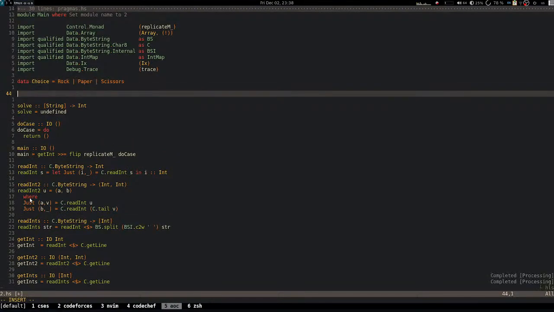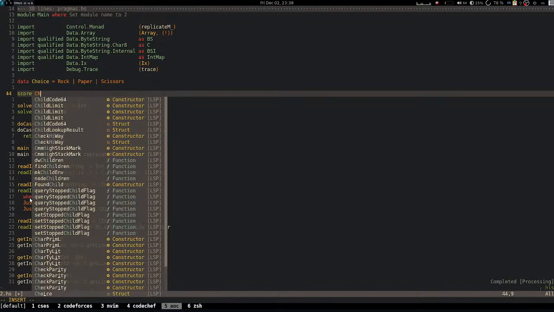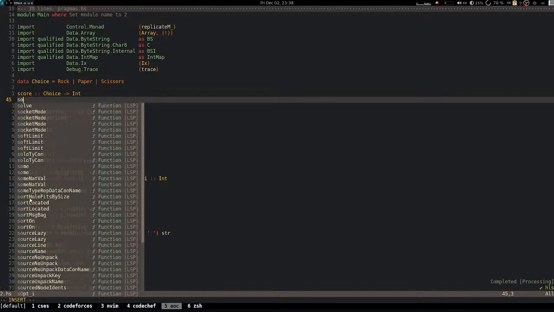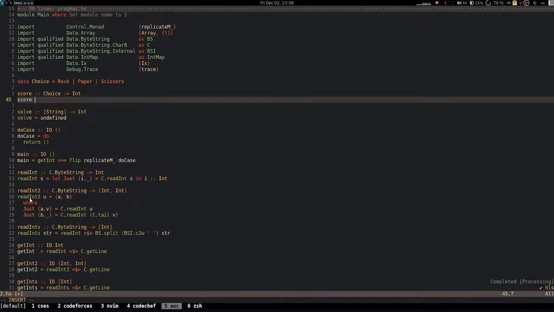Let's have a score function that takes a choice and returns an integer. And actually I can just go for pattern matching, right?